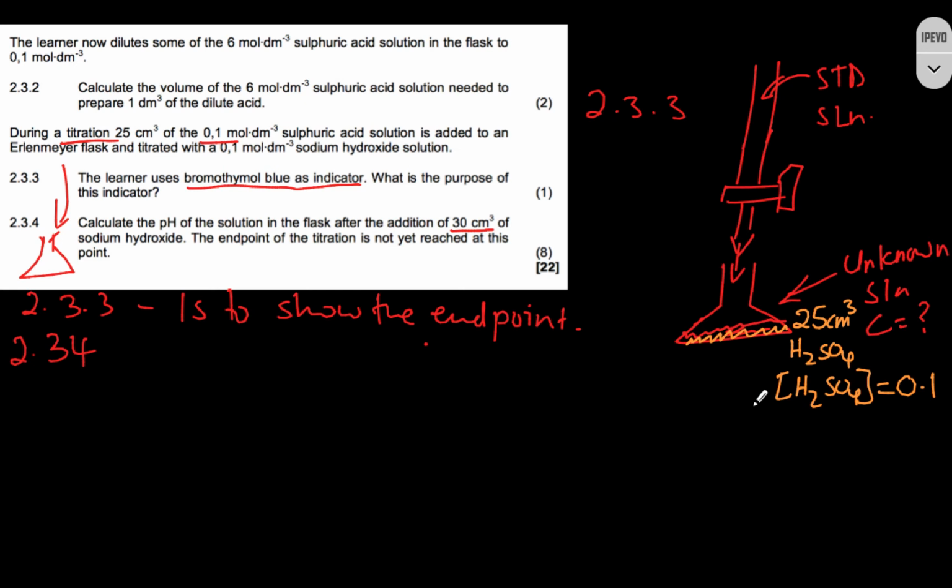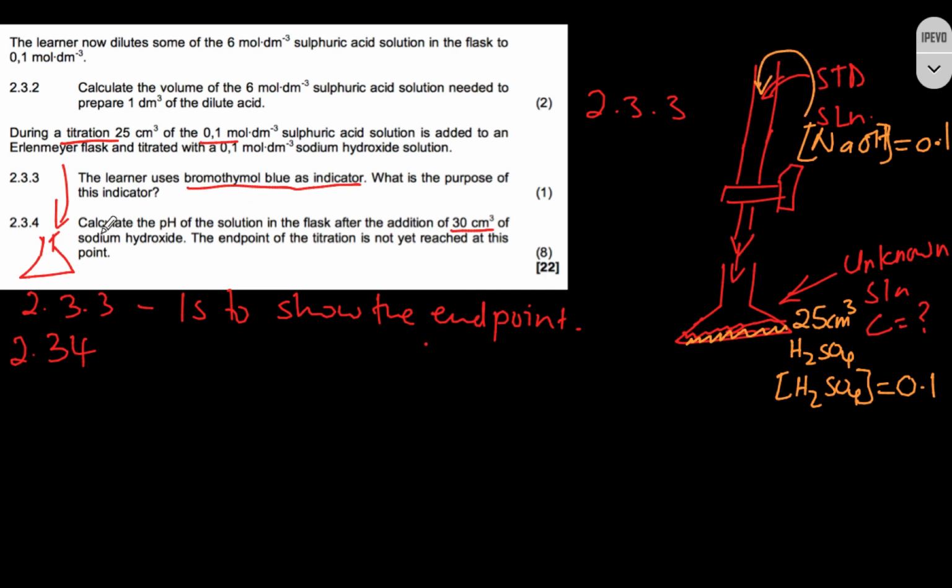Okay, so then they're saying it is titrated with 0.1 mole sodium hydroxide. So in this case, our standard solution here was sodium hydroxide, and the concentration of sodium hydroxide was also 0.1 moles per dm³. Okay, so they take the sodium hydroxide, they put it in there.